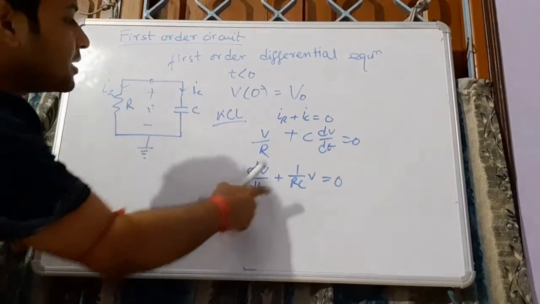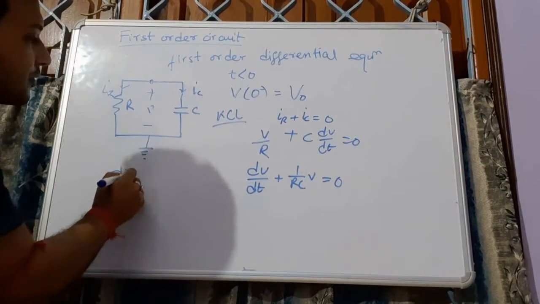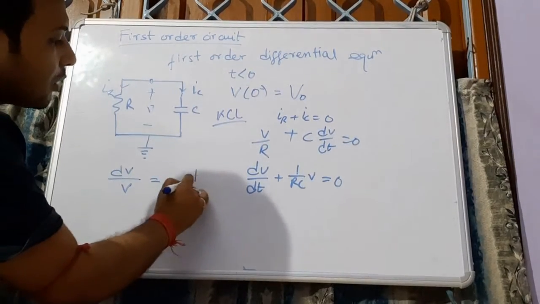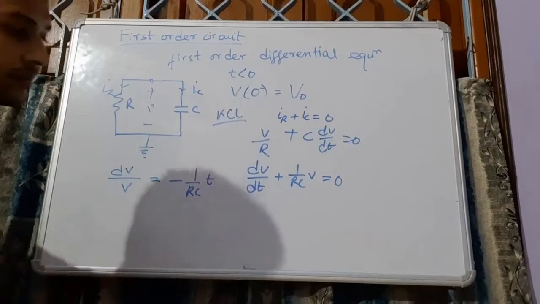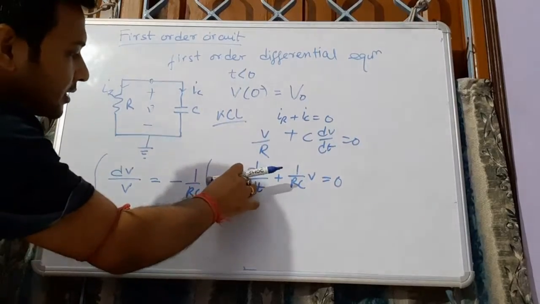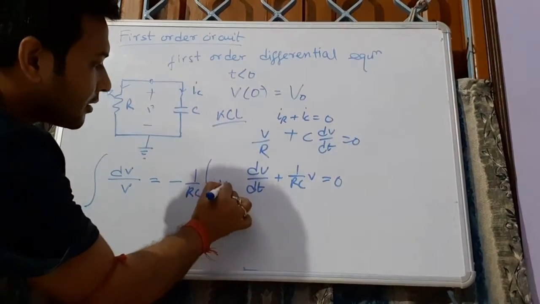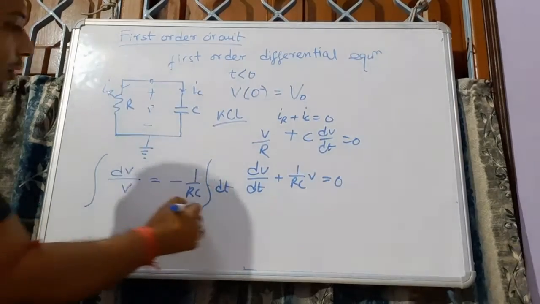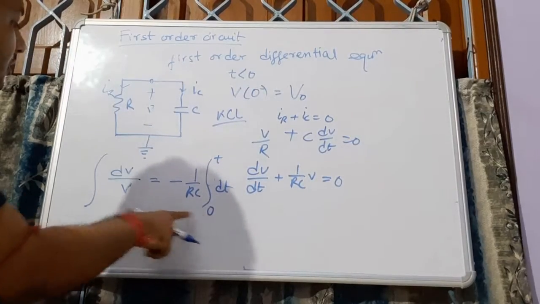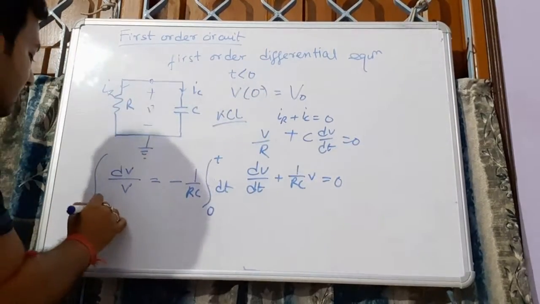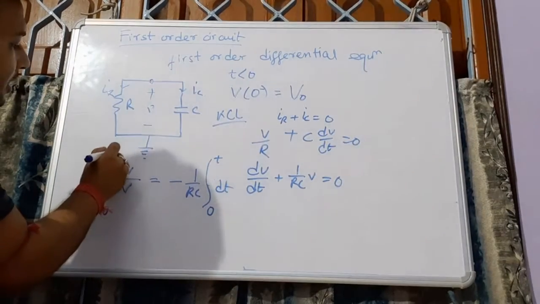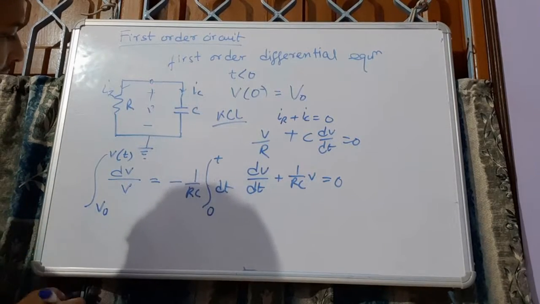Now if we want to solve this equation, we have dV/V equals minus 1/RC times dt. Now if I integrate this, for time t equals 0 to time t, at t equals 0 the voltage is V0, and at time t the voltage value is V of t.